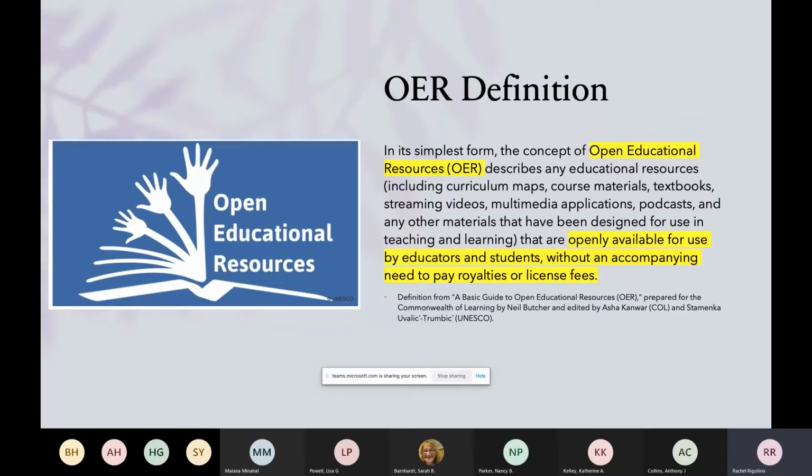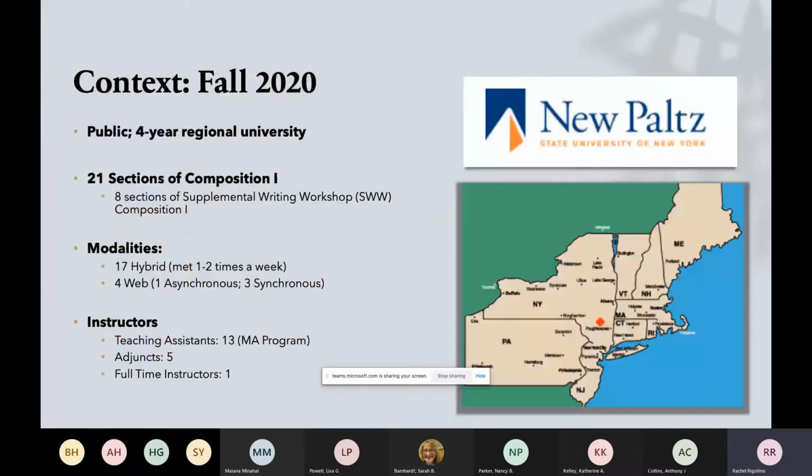Just to give you some context about why we moved in this direction. Our setting: we're in the Hudson Valley. We're a public four-year regional university, but as I was telling Sarah earlier, we identify ourselves as very much residential.